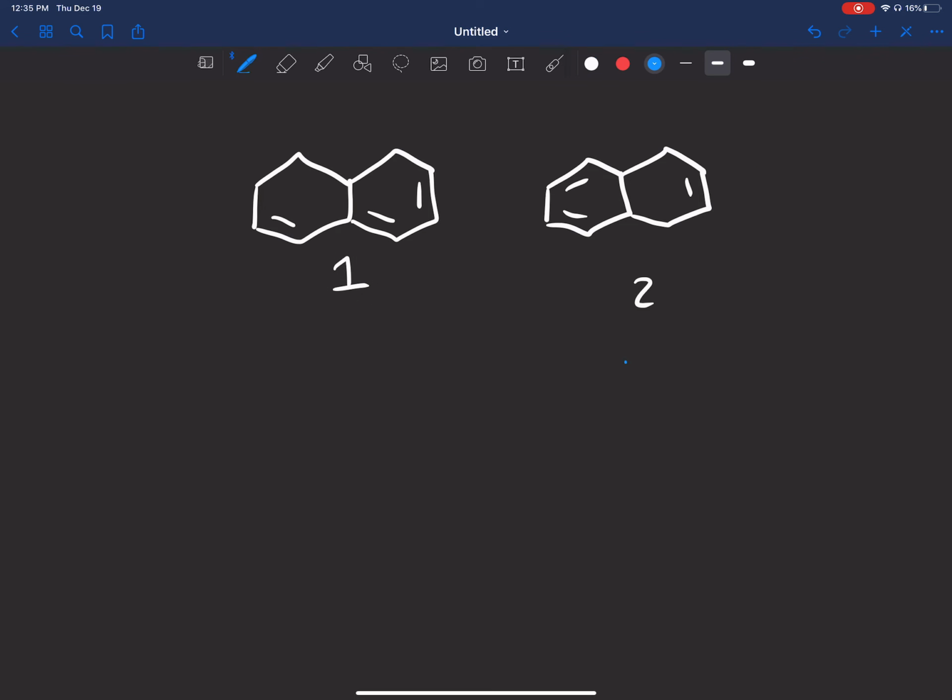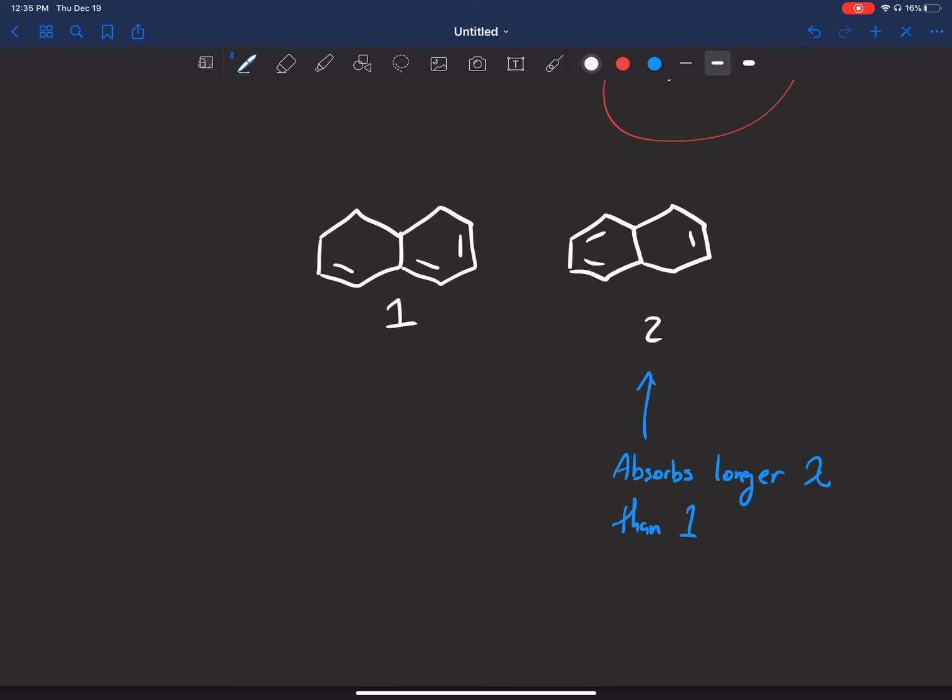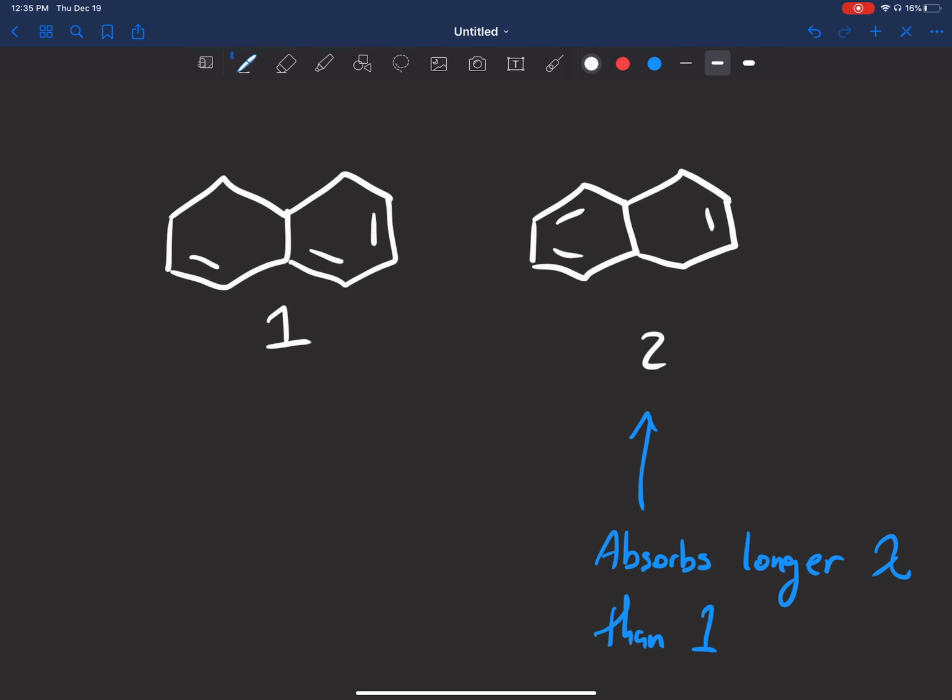So it's saying absorbs longer wavelength than 1. True or false? So remember, we said the more conjugated your system, the longer the wavelength it'll absorb, and the more alkyl groups we have on it, again, the longer the wavelength is.